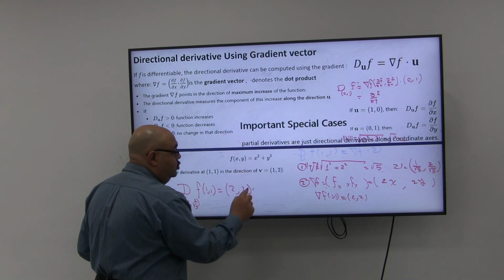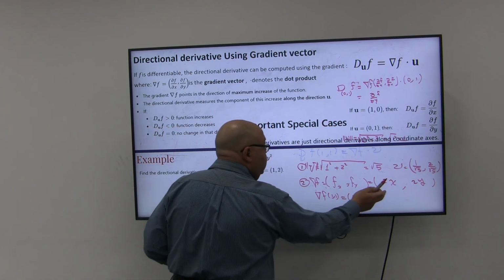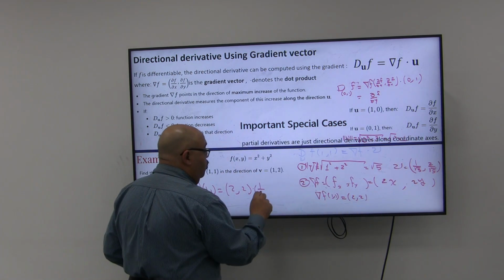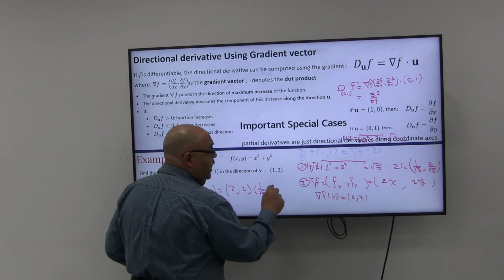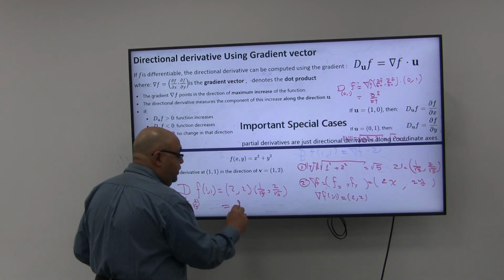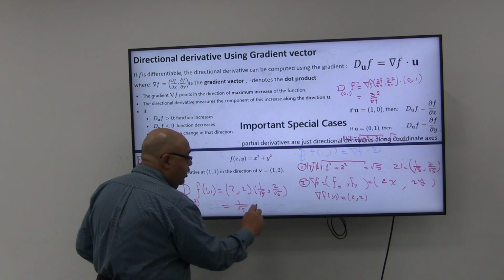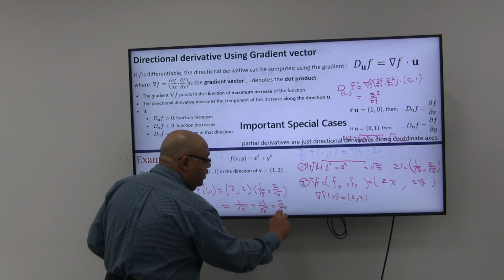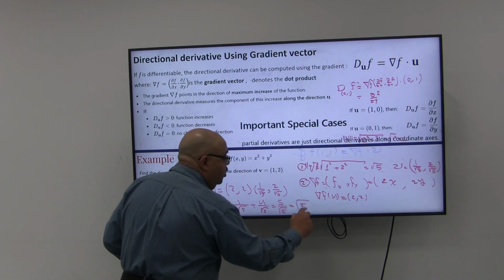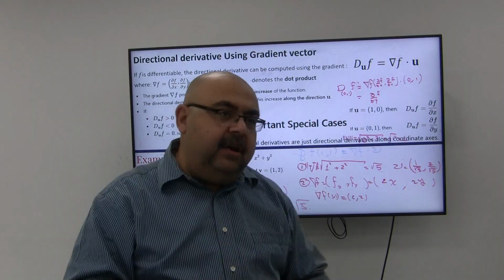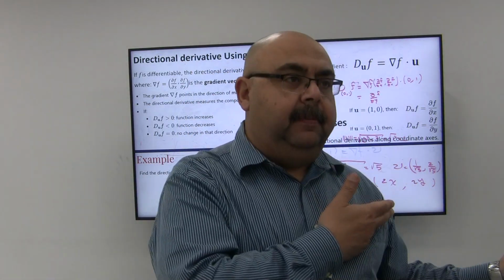The gradient vector is (2, 2) times the vector (1 over root 5, 2 over root 5). Multiply them together: 1 over root 5 plus 4 over root 5, which is 5 over root 5, or simply root 5. That's the value of the directional derivative at (1, 1) in the direction of the vector given.